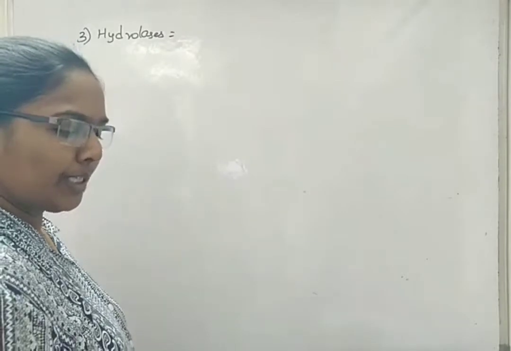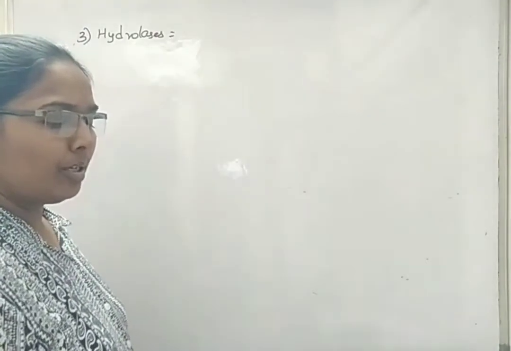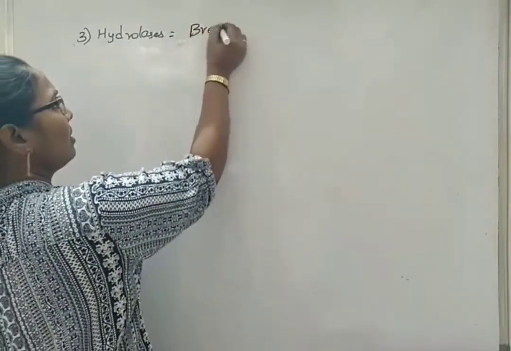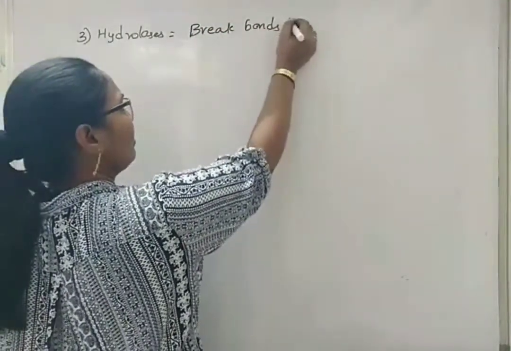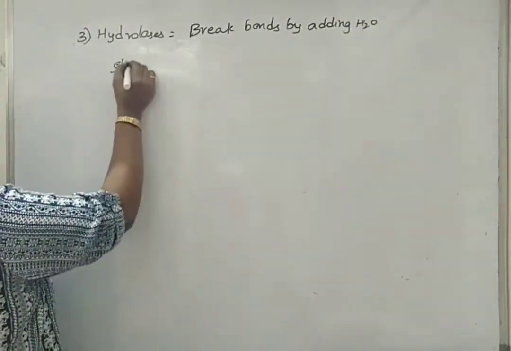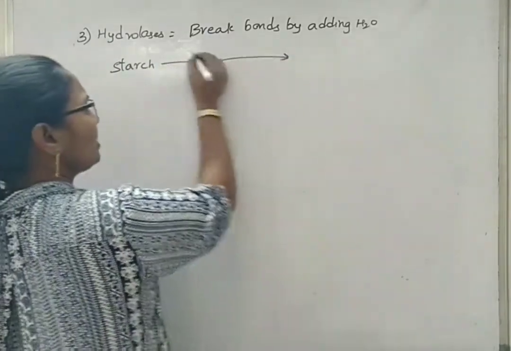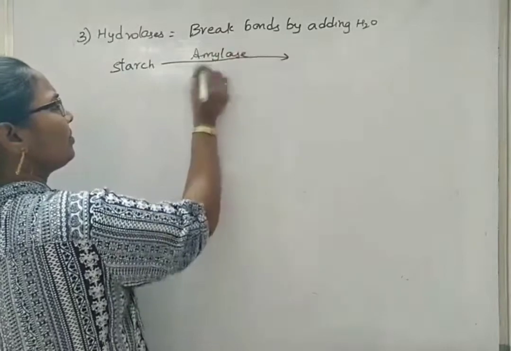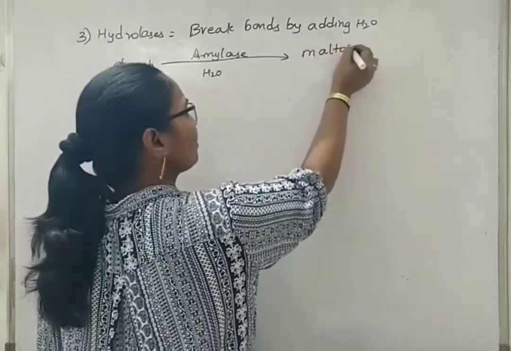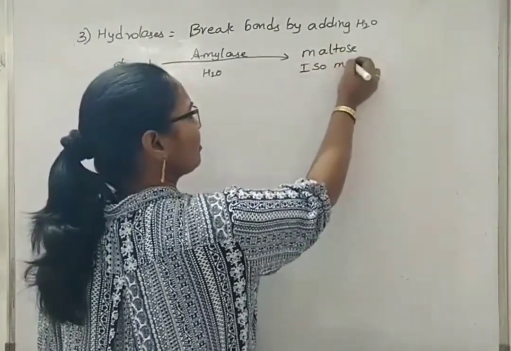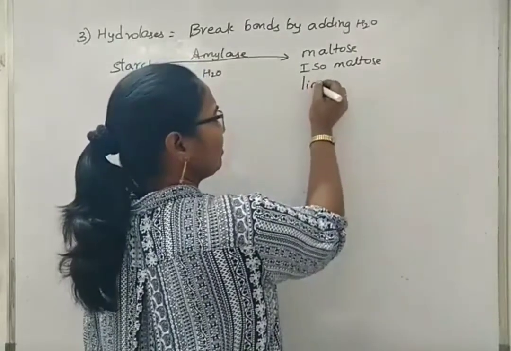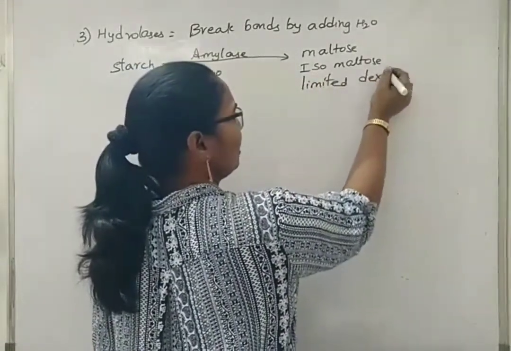When we add water in presence of the enzyme amylase or ptyalin, it gets converted into maltose, isomaltose and limited dextrins.